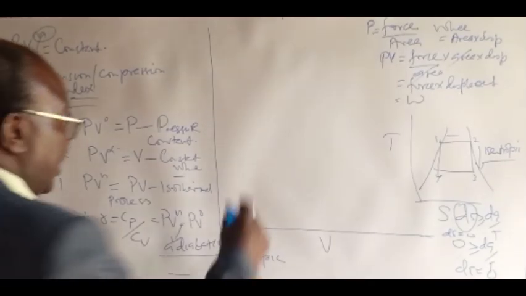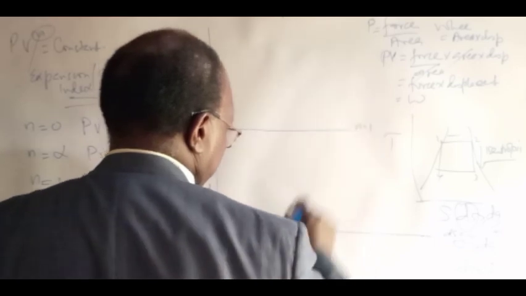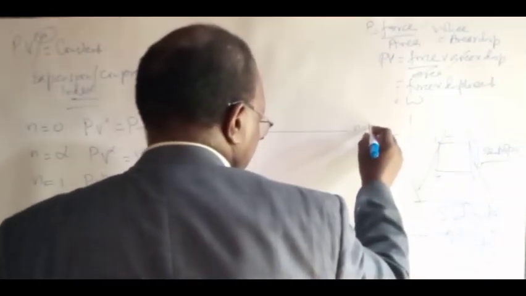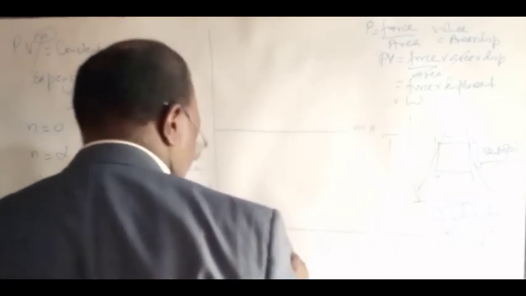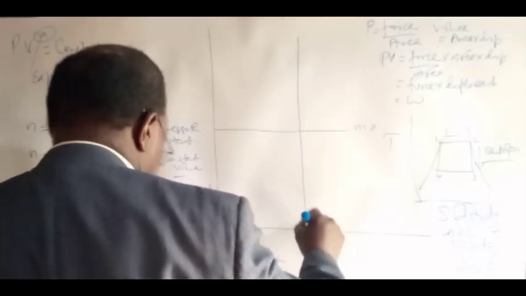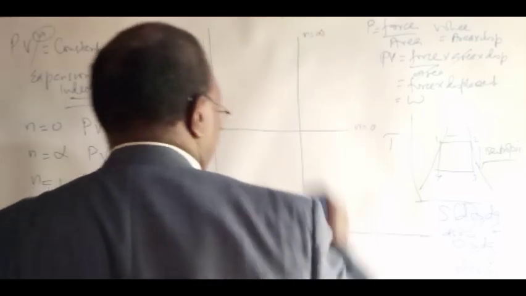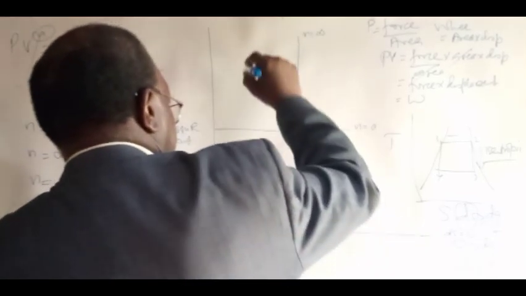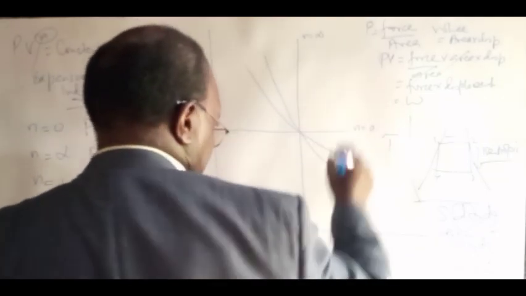So if you construct the curves there, we have constant pressure where n is 0. And then we have where the volume is constant. We have said that there n is equal to infinity. And then, of course, we have the adiabat and the isotherm.